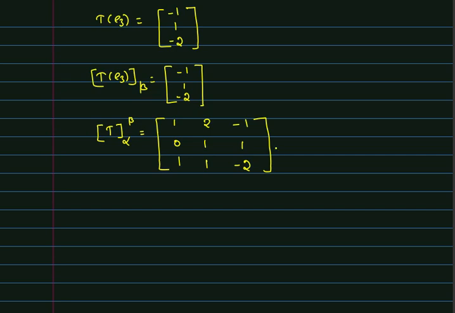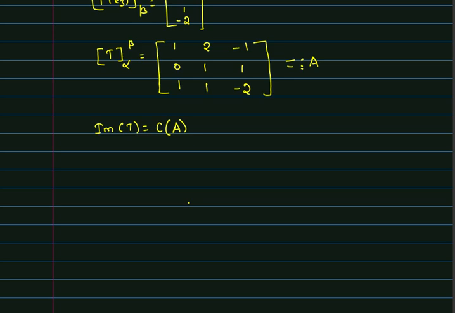I take this as the matrix A. Now the image of T is the column space of A. How can I find the column space?